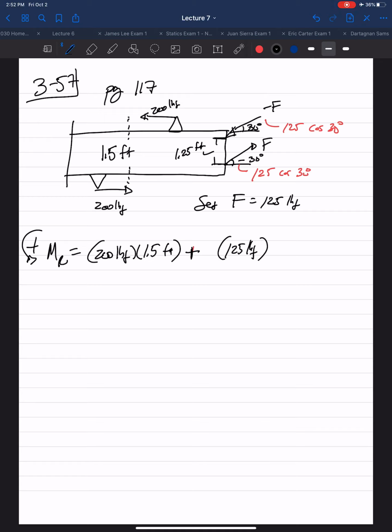So 125 times cosine of 30 to get the horizontal component, and the distance in between there is 1.25 feet. Multiplying this out, our resultant moment is approximately 435 pound-force feet.